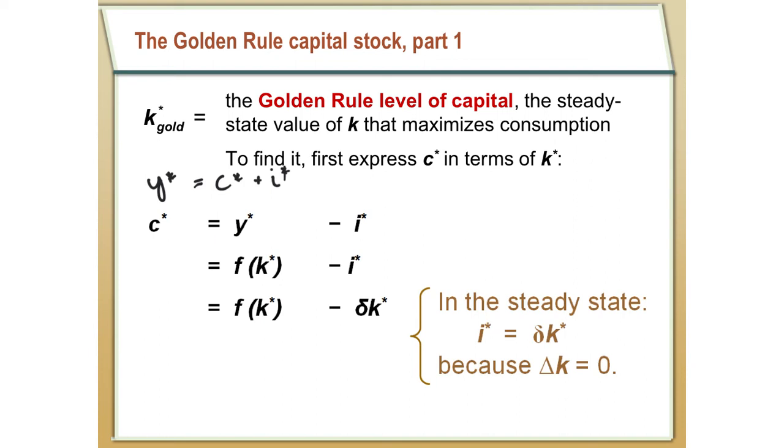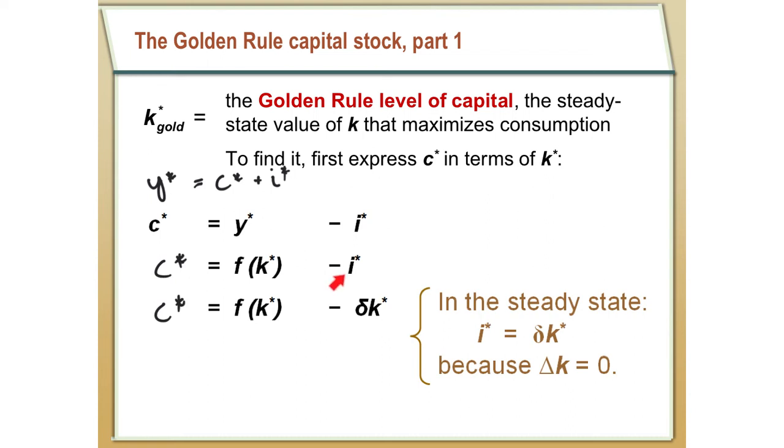So we can say that Y star is given by the production function. So remember, the production function depends only on K star. So let's sub in f of K star for Y star. So that leaves us with C star is equal to f of K star minus I star.